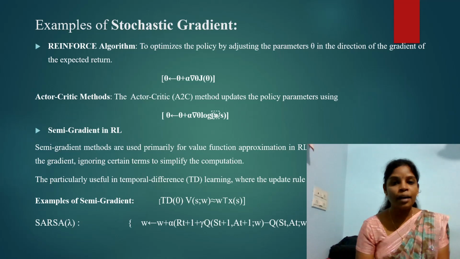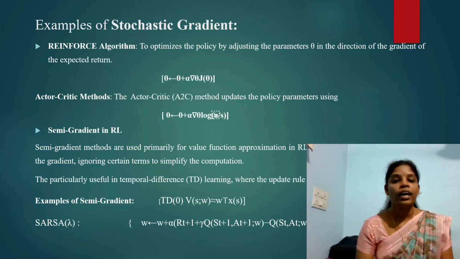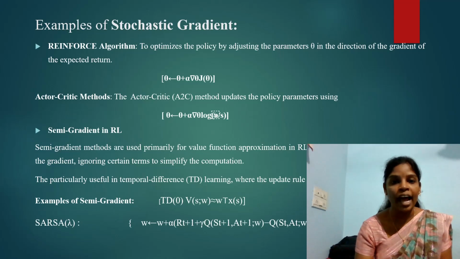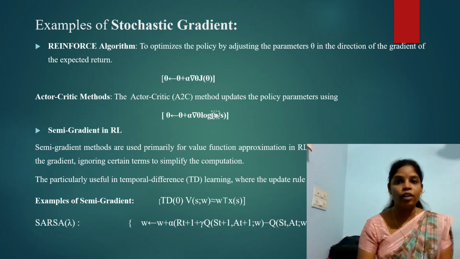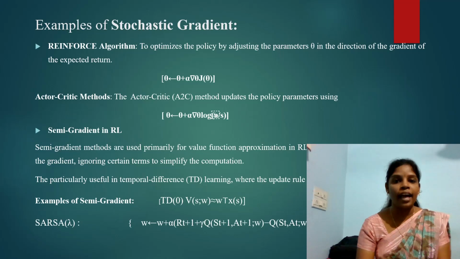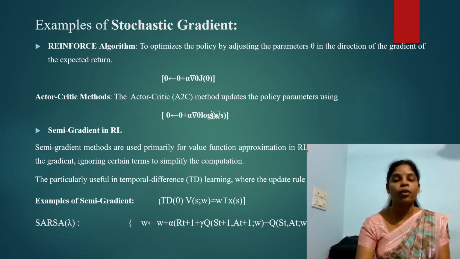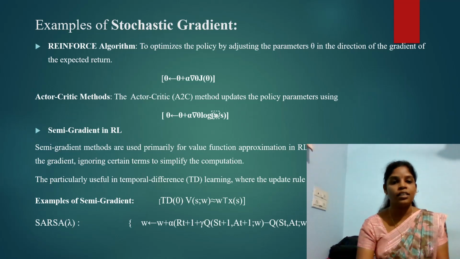Another example is the actor-critic method, A to C. Its purpose is to minimize the loss function as a function of the parameter theta, using alpha and the gradient of J. Alpha controls the updating of the parameter for the function of S and A. The parameter is theta.